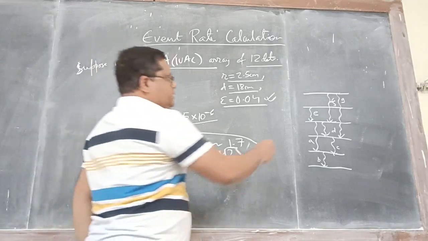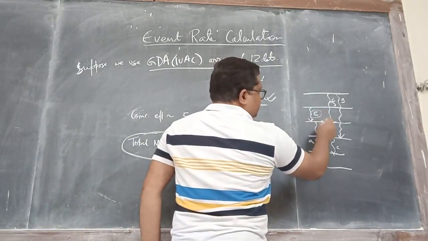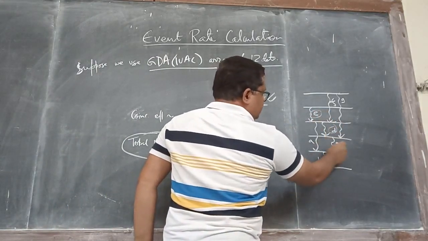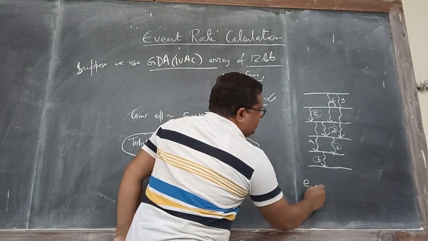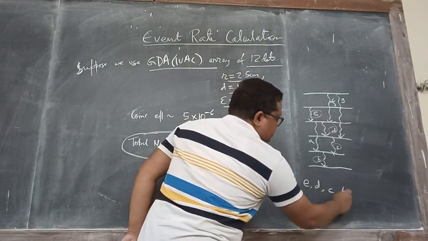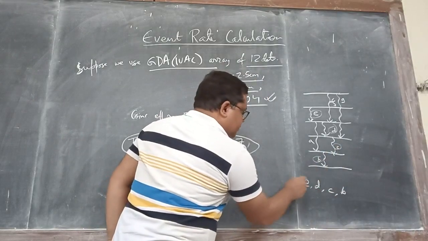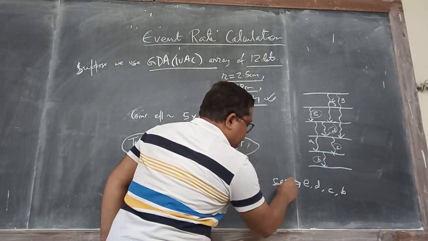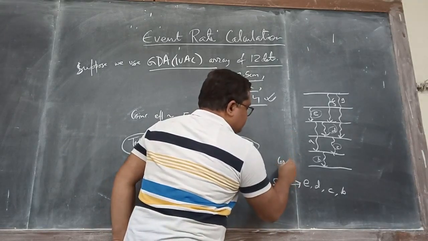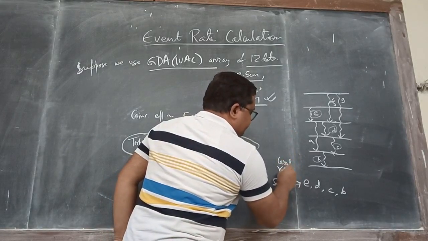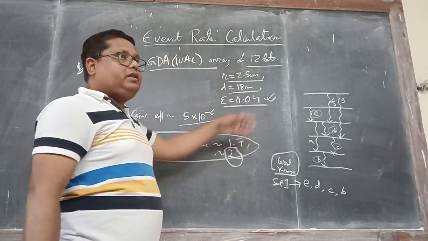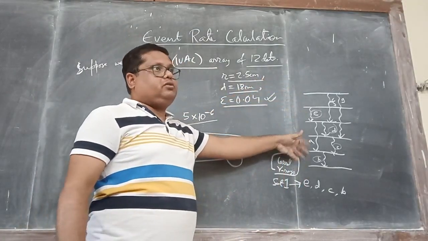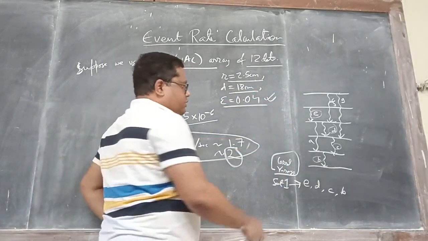If I consider this, I have E, D, C, B. They are all correlated. Set 1. I am not talking about energy. I am just talking about whether they are in coincidence or not, so no energy information.